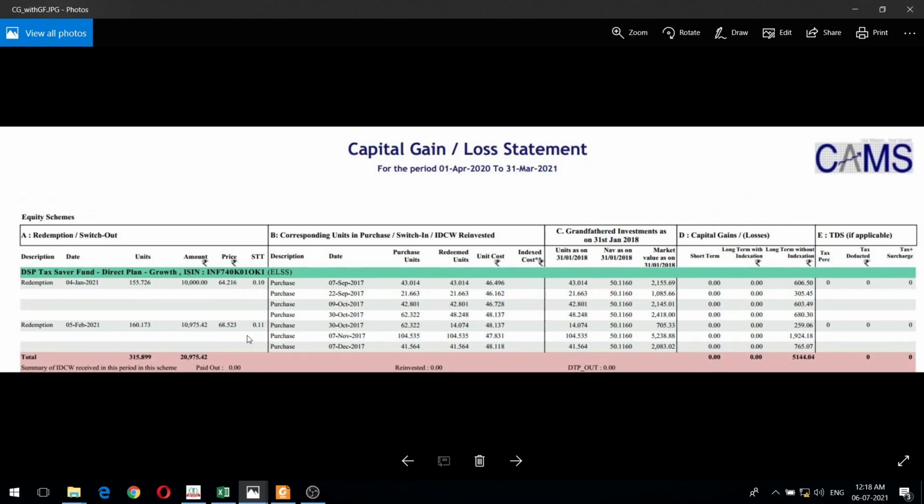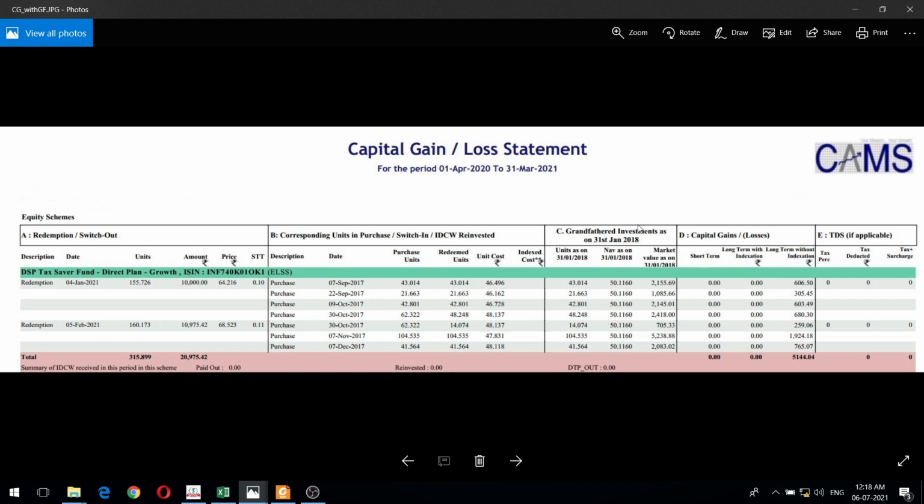Here you see there are two redemptions made, right? One is on 4th of Jan and one is on 5th of Feb. And the respective purchases have happened before 31st Jan 2018, all of them. That is why it has come under the grandfather investment section, right?